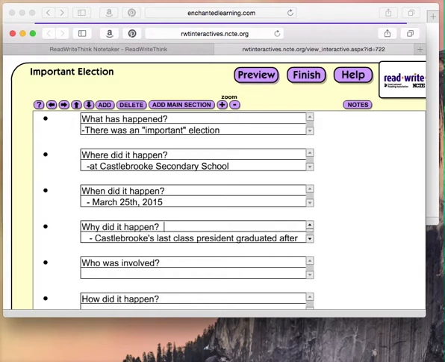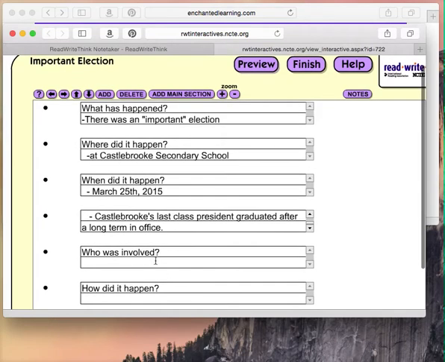Okay, so I'm starting to create a bit of newsworthiness here by saying that the incumbent, or the last class president, was in office for a long time.